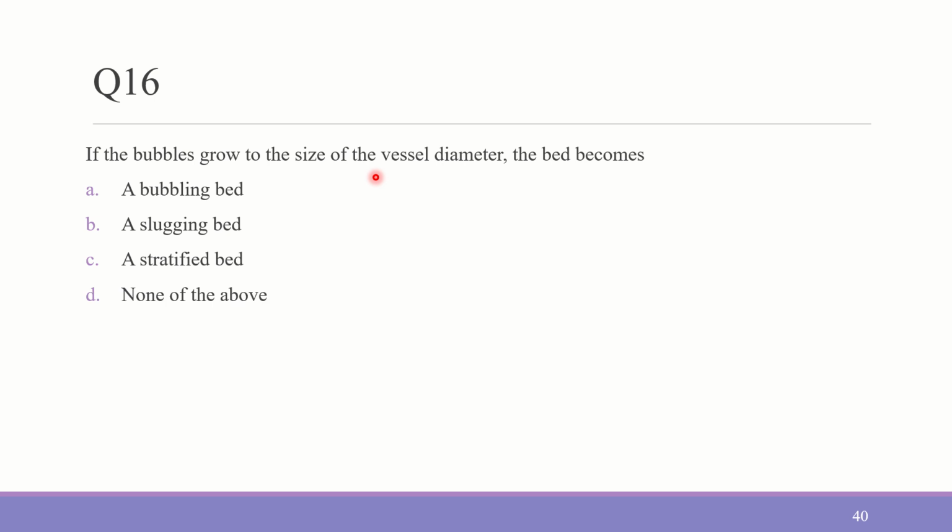I guess we all know the answer to this question at this point because we have seen this particular question in all forms since last week. If bubbles grow to the size of the vessel diameter, the bed becomes a slugging bed. In a slugging bed, the bubbles grow in size and reach the size of the column and almost occupy the column.